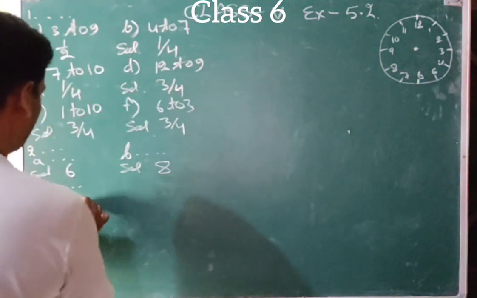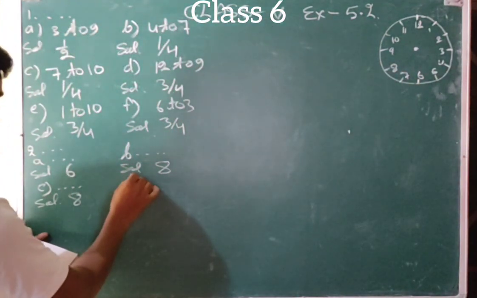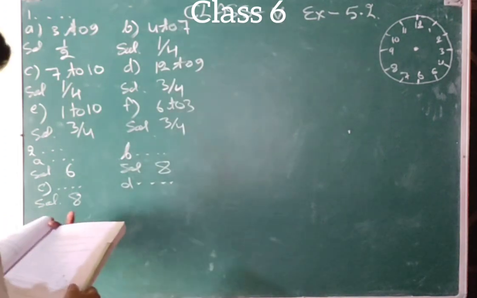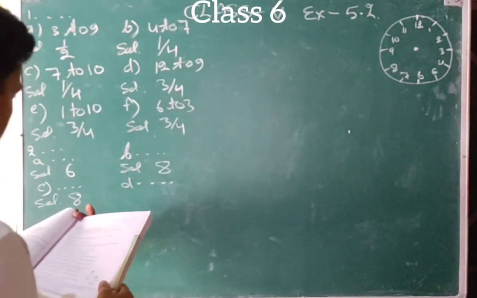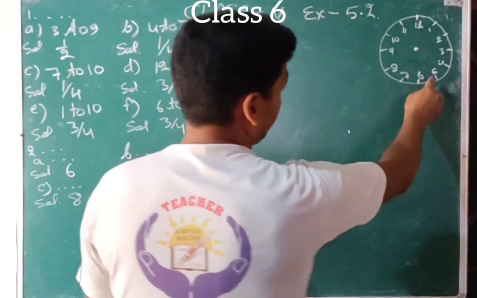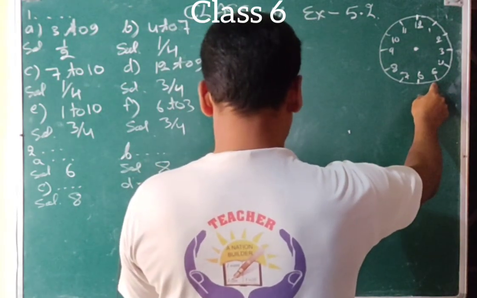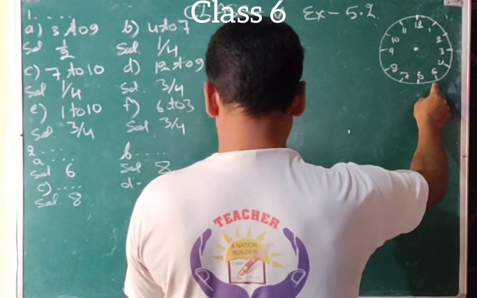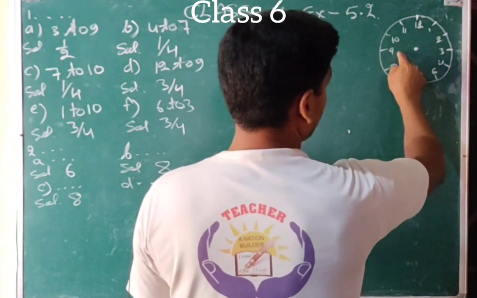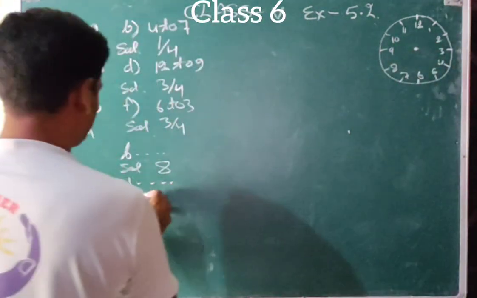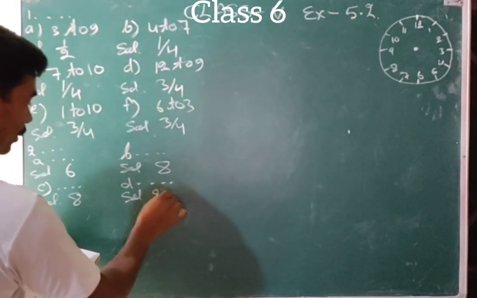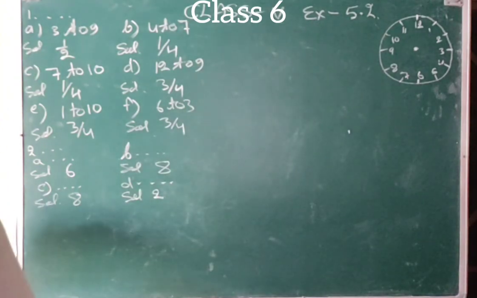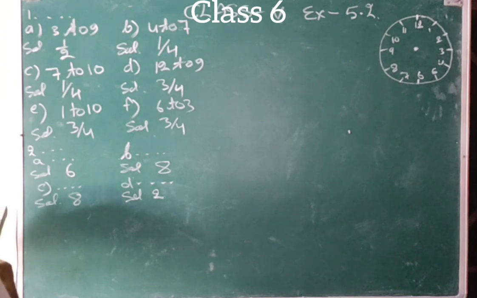D part, start from 5 and then 3/4, so that will be going up to 2.